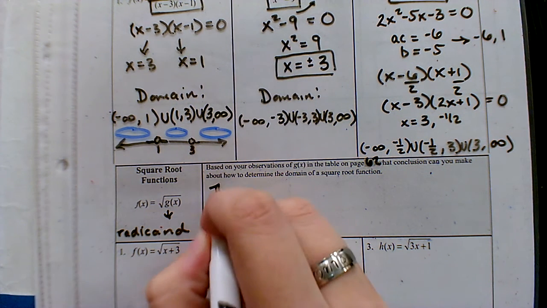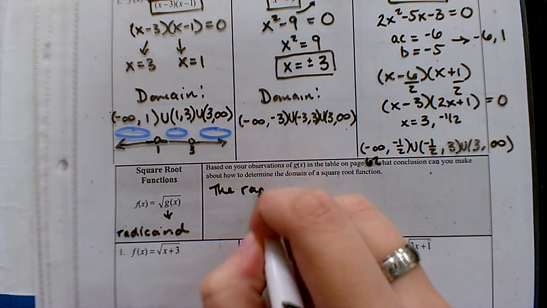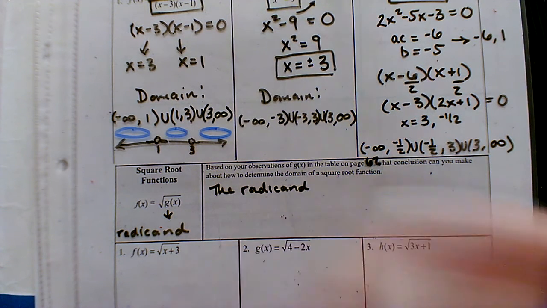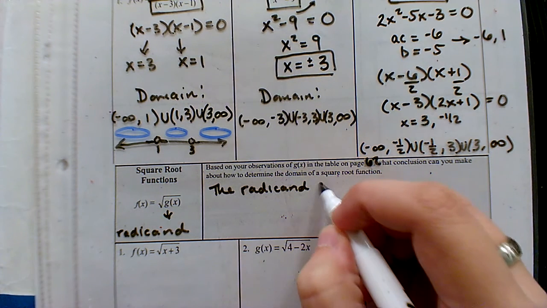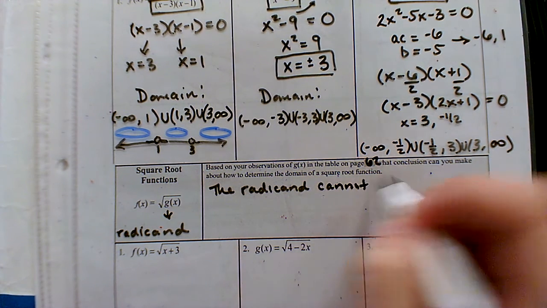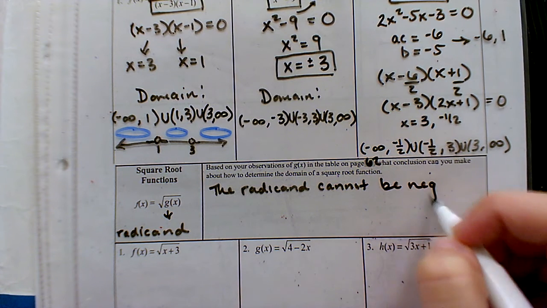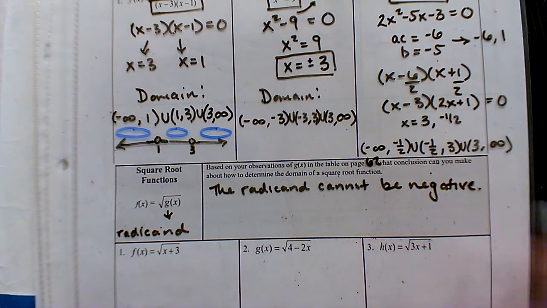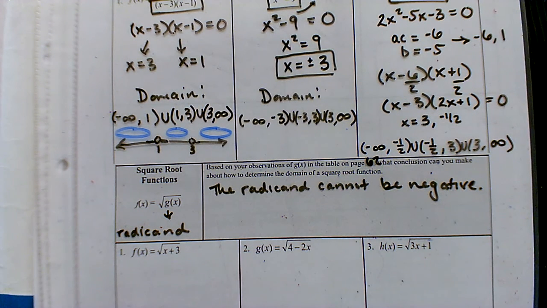So we know that the radicand, aka the inside of a square root, cannot be negative. We cannot take the square root of a negative number, aka we would get an imaginary number, not real.